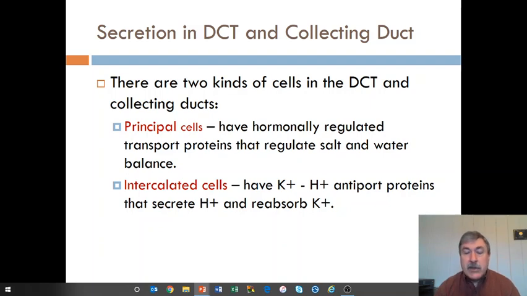The intercalated cells have potassium, hydrogen, antiport proteins that secrete hydrogen and reabsorb potassium by facilitated diffusion. So suffice to say, you also get more secretion of hydrogen in the distal convoluted tubule. And that takes place within the intercalated cells.